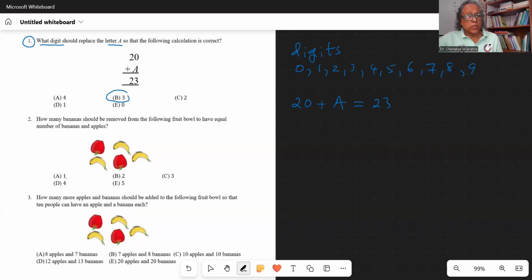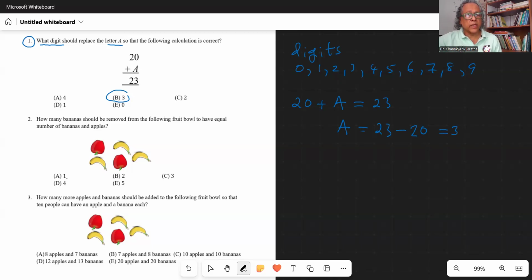We could do something like this: if this something added to 20 gives 23, then if you take away 20 from 23, you get that something, what this letter A stands for, which is 3.